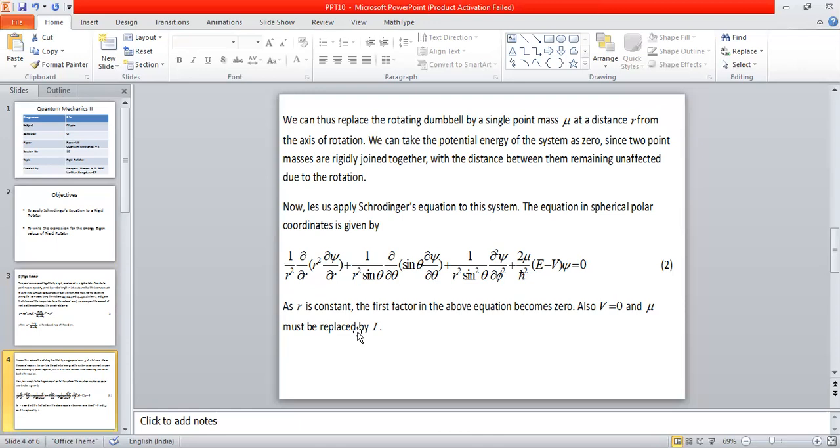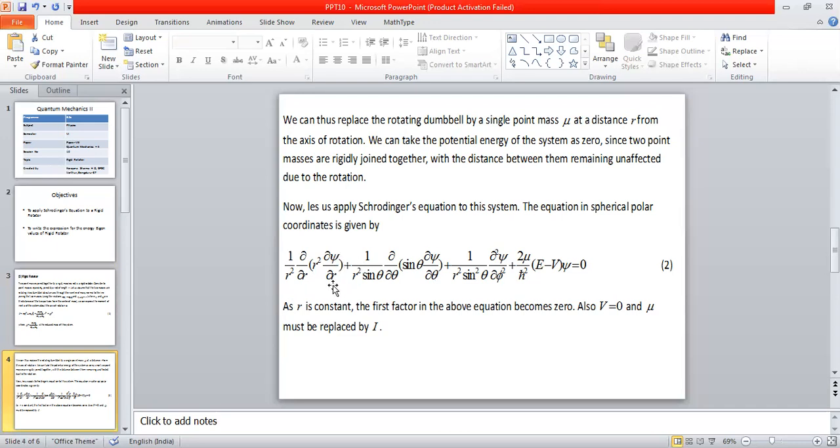Now there are certain changes we need to make here. The first thing is, since we are assuming the system is a rigid rotator, the distance between the two particles always remains constant. So r is a constant in this case. Since r is constant, the first term in the equation, 1 by r square dou by dou r of r square dou psi by dou r, can be neglected.